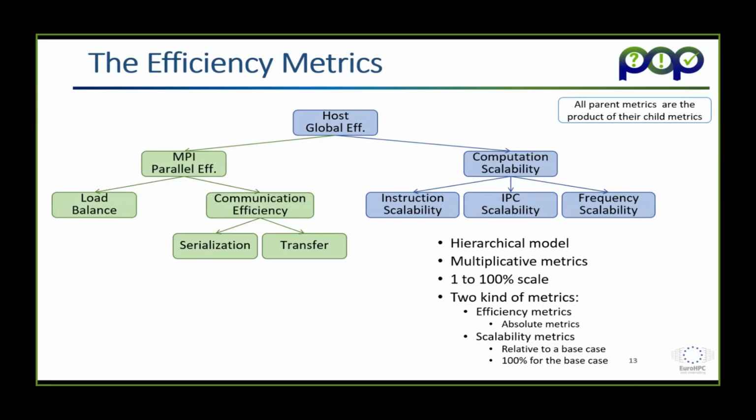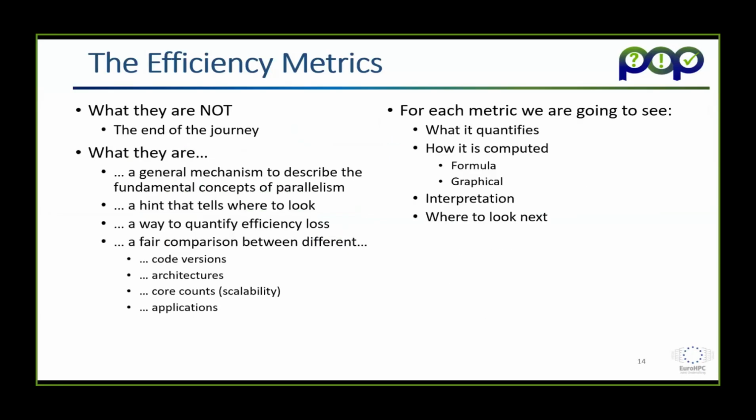So this means that to compute the blue ones, we always need more than one run, because we have one run that is the base, and then based on that, we compute the scalability metrics. So the efficiency metrics, what they are not is the answer to anything. They are more the thing that is opening the questions of what is going on with the code.